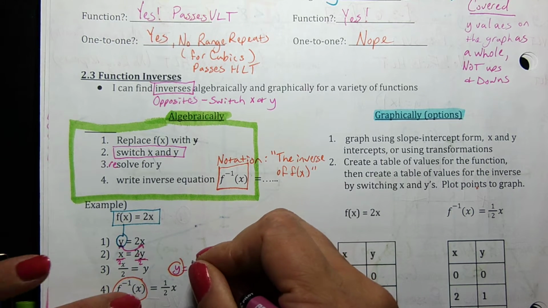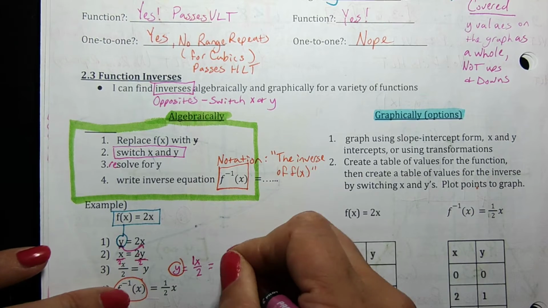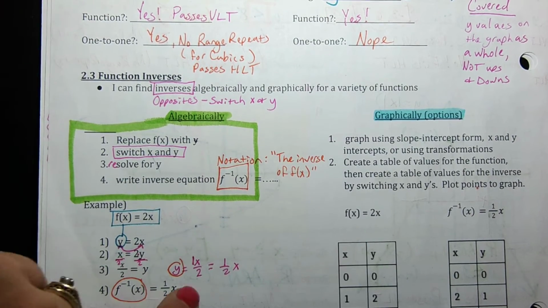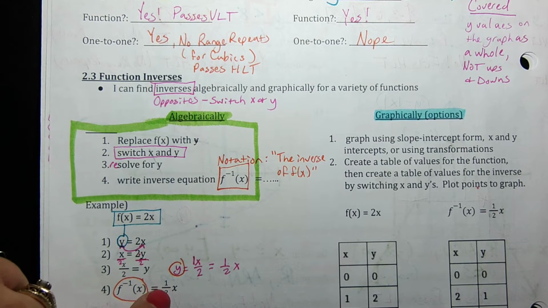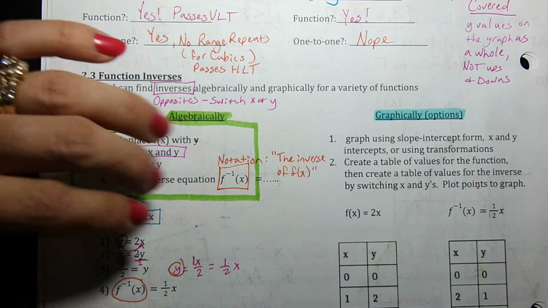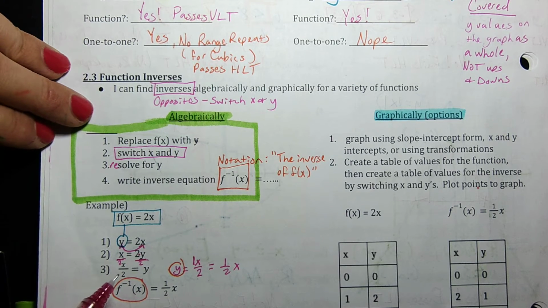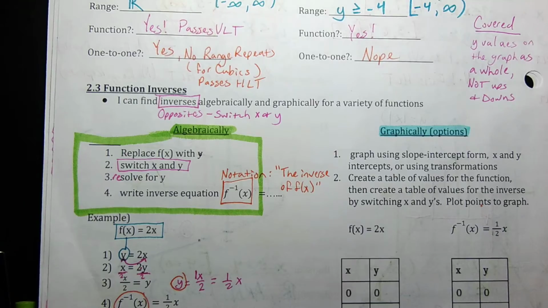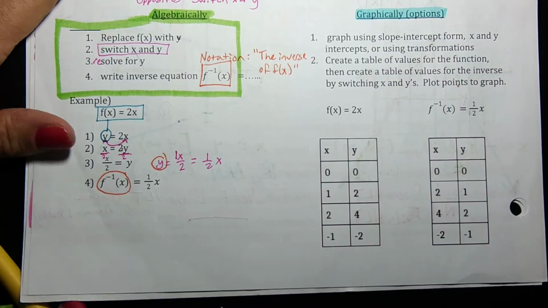Having x over 2 is the same as having 1/2 x if you throw a 1 in front of that. The only reason why we kind of prefer this form or the final form of this is it looks more like slope-intercept form versus having x over 2. Like, wait, what's the slope? So it's a good idea to kind of separate the coefficient from x. So that is how we find our inverse algebraically.